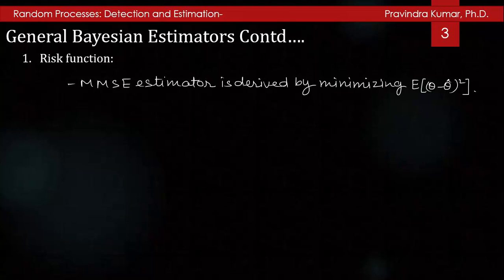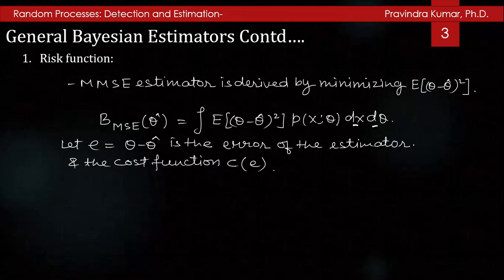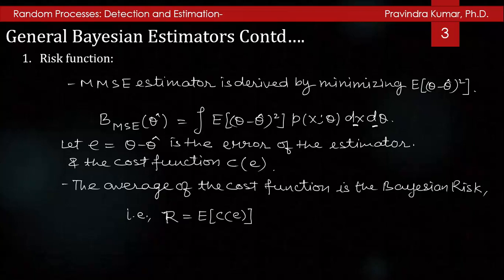The Bayesian mean square error of theta cap, BMSE(theta cap), is equal to the integration of (theta minus theta cap) whole square p(x, theta) dx d theta. Let e be equal to theta minus theta cap, the error of the estimator, and the cost function C(e). We want to minimize the average of the cost function C(e), and that is the Bayesian risk R.